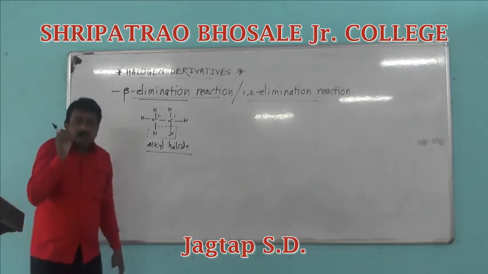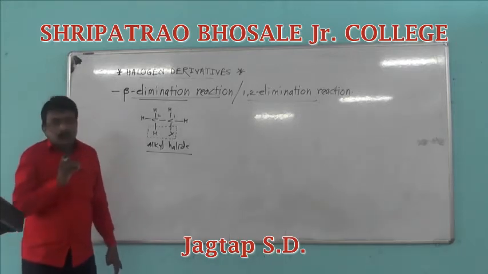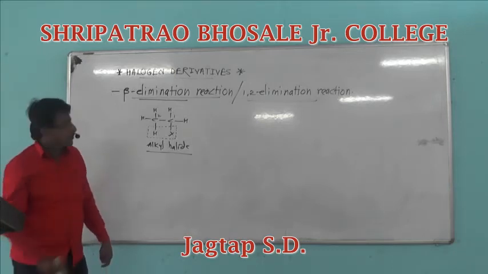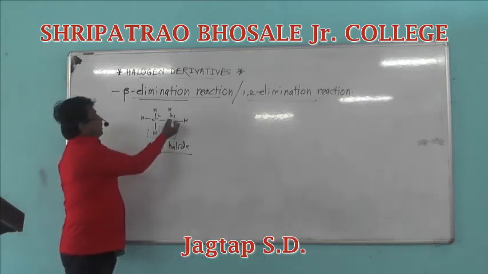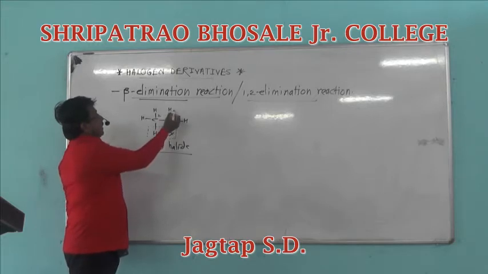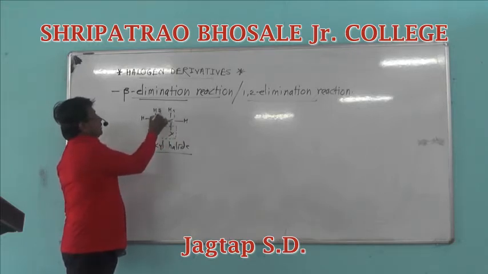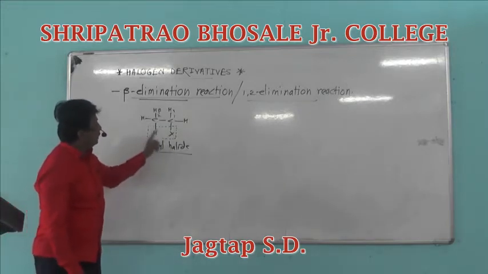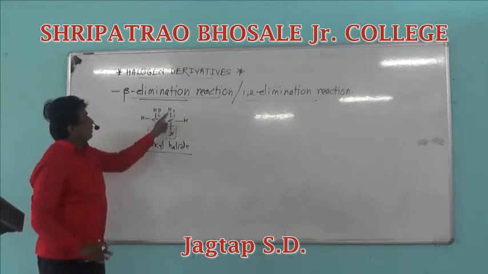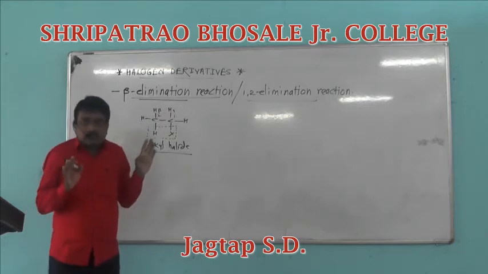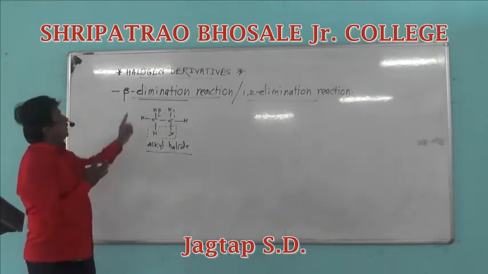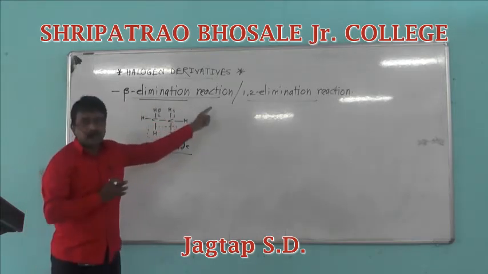The Greek letters alpha, beta, gamma are used to indicate the position of the halogen atom. The carbon attached to the halogen atom is the alpha carbon, and the adjacent carbon is the beta carbon. The removal of hydrogen halide takes place from the alpha and beta carbon atoms. Therefore, this reaction is known as beta elimination reaction.